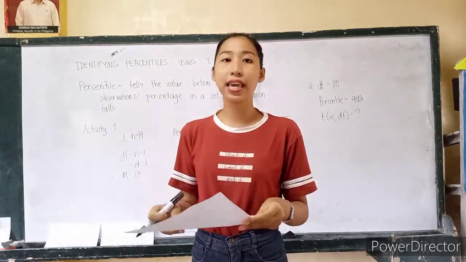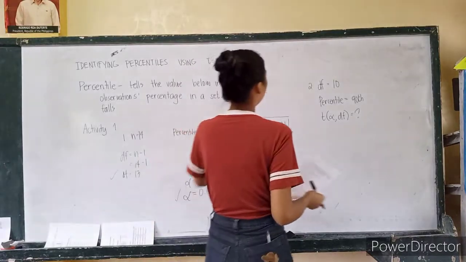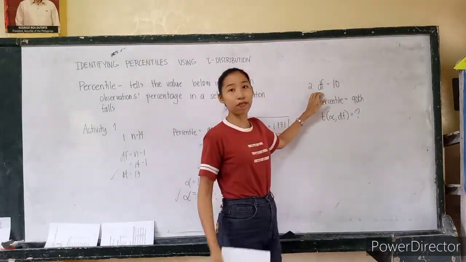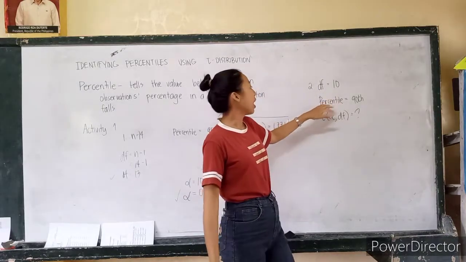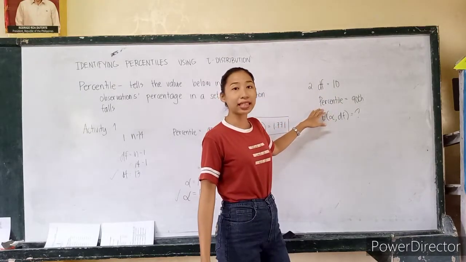Okay, next is our item number 2. In item number 2, you are directly given the degrees of freedom or df, which is equal to 10, and our percentile is 90th.